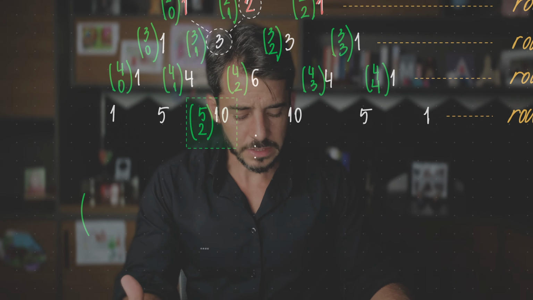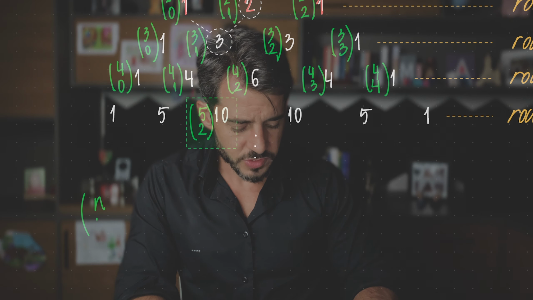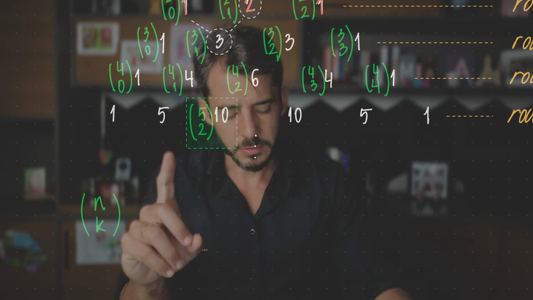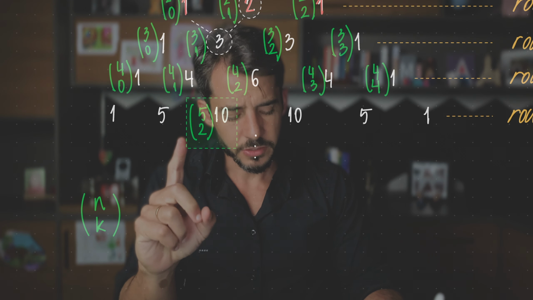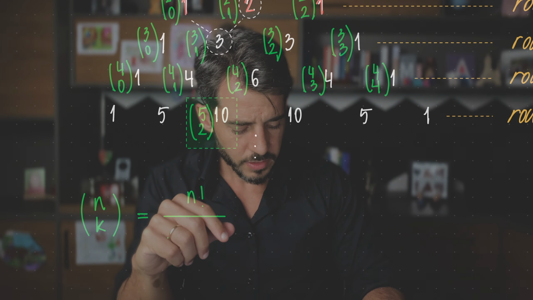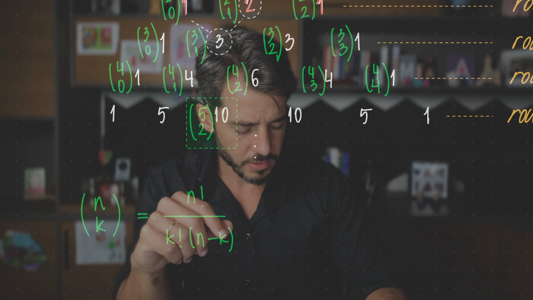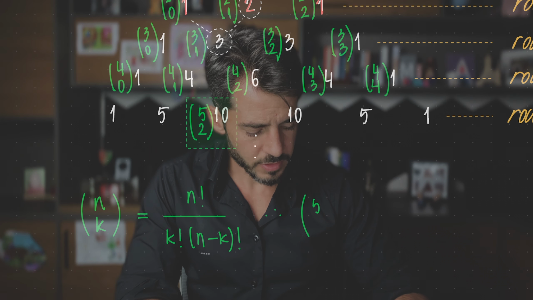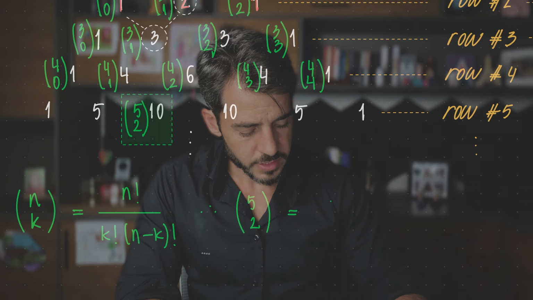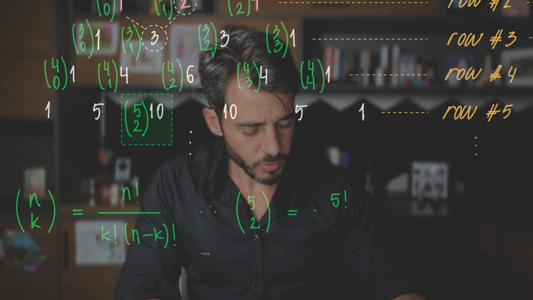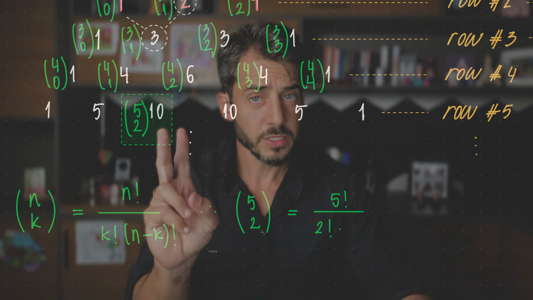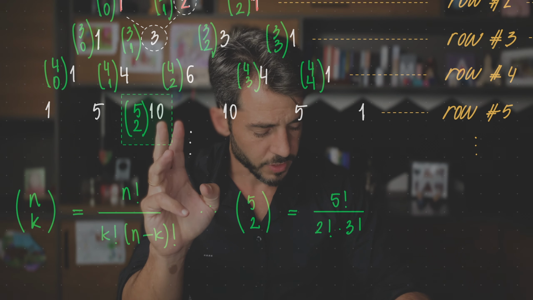We're trying to find the number of ways of choosing k items from n available items. Let me place the formula here first. This is n factorial over k factorial times (n minus k) factorial, which means for this particular example that 5 choose 2 is equal to 5 factorial over 2 factorial times (5 minus 2) factorial, which means 3 factorial.